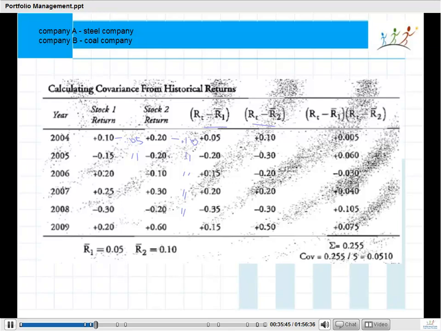The next step in computing the covariance is to take the product of the two deviations. You've computed the deviations. You see that they are both moving down together. When this gives 15%, this gives minus 20%. Hence, the product of the deviations is becoming positive.